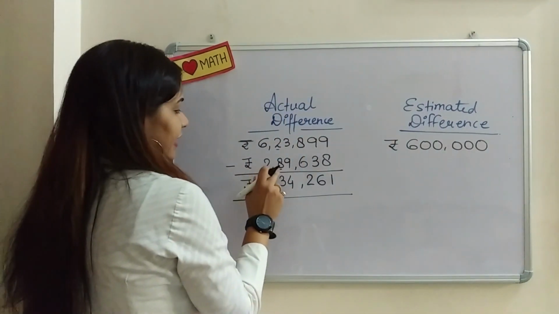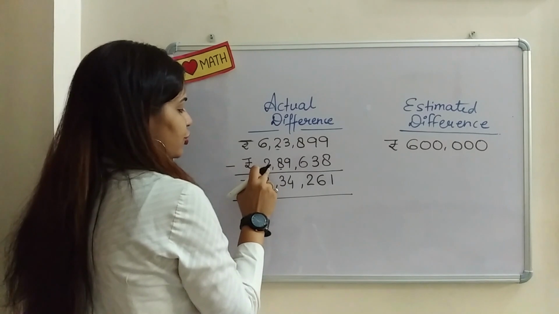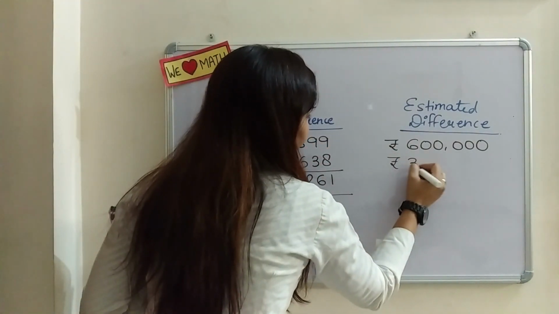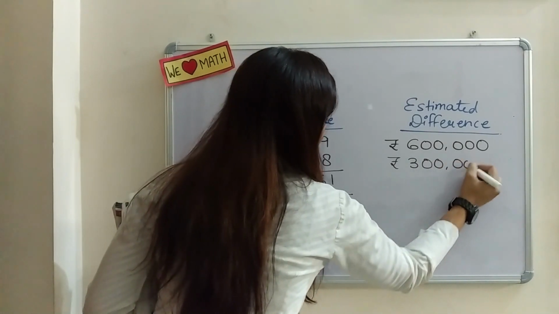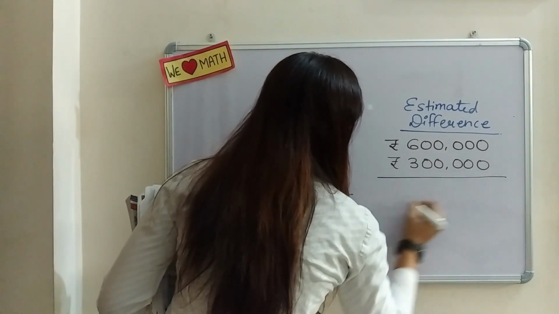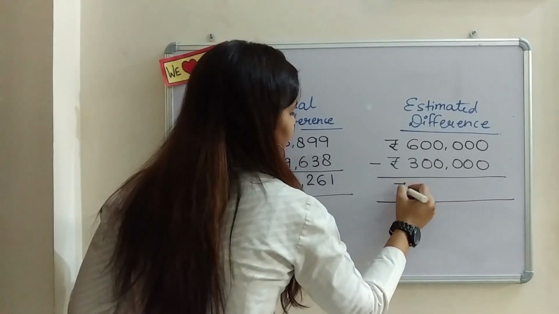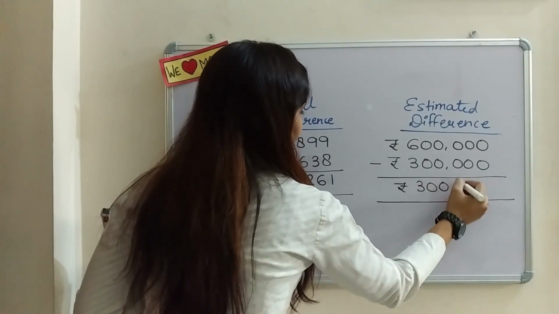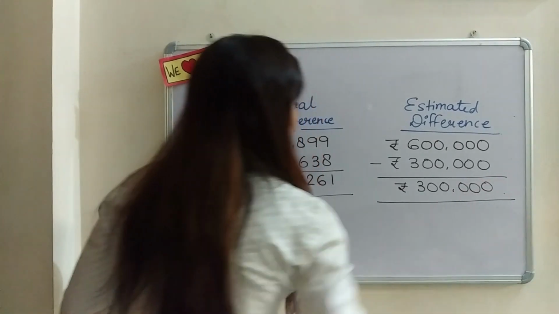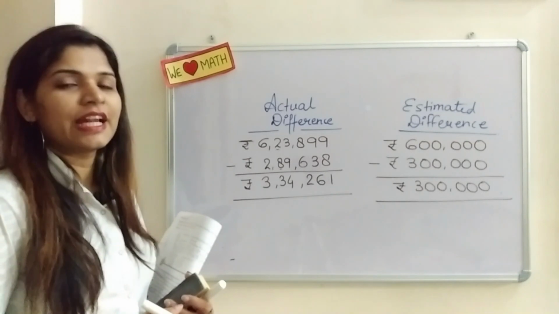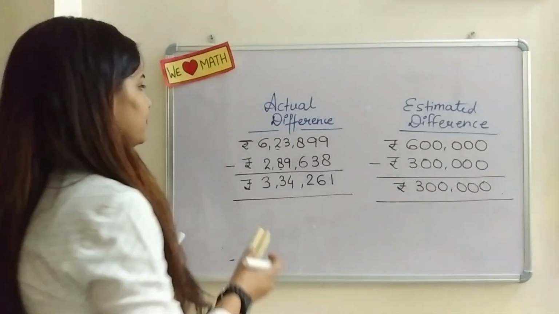And you can see 8 is a strong number, so it will push 3 to the next number, that is 3. So we can get the answer orally, yes, rupees 3 lakh. Okay children, so this is all about our question number 3. Let us move to question number 4 now.